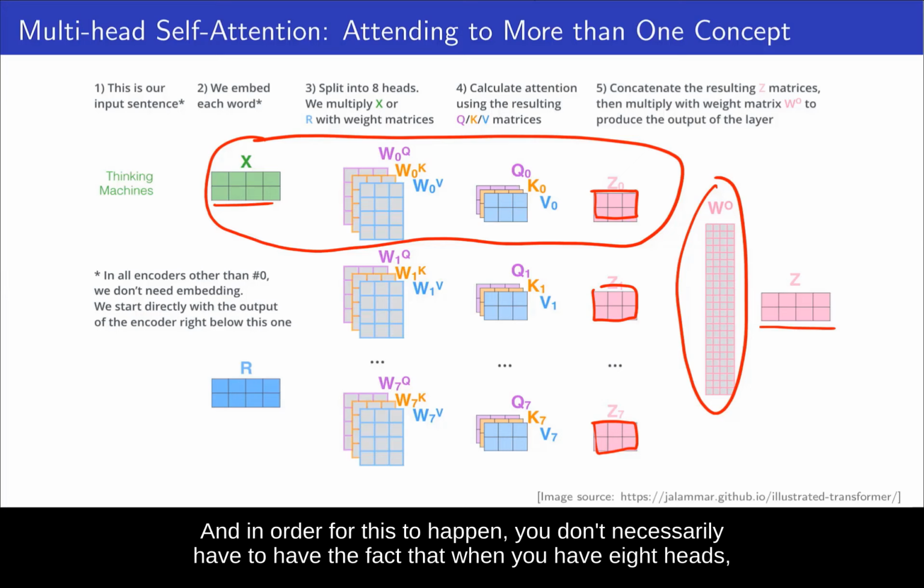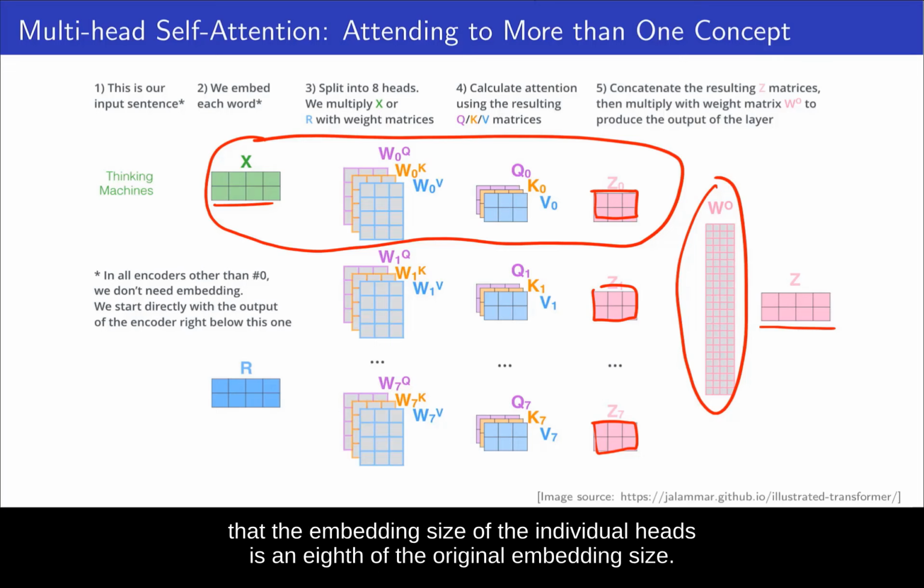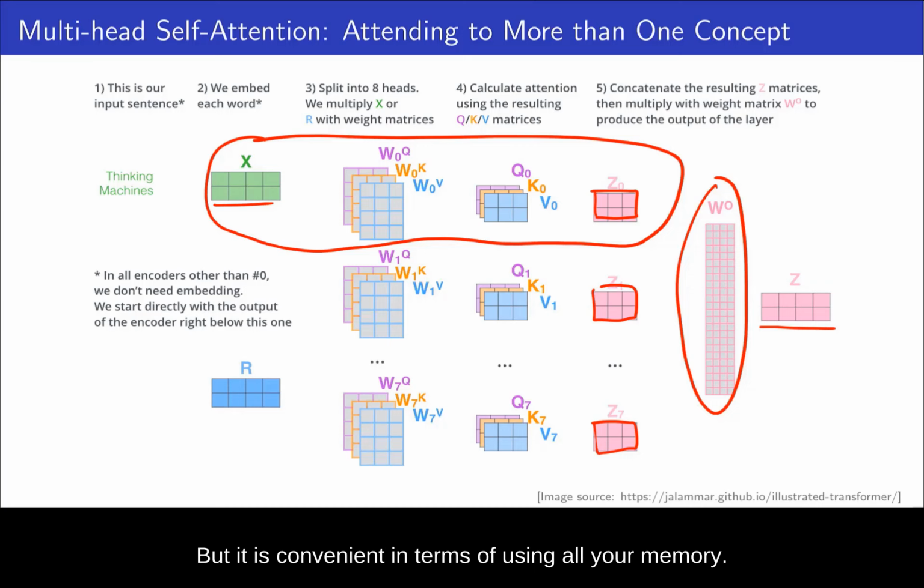And in order for this to happen, you don't necessarily have to have, when you have 8 heads, the embedding size of the individual heads be 1/8 of the original embedding size, but it is convenient in terms of using all your memory, and so that's why this choice has been taken.